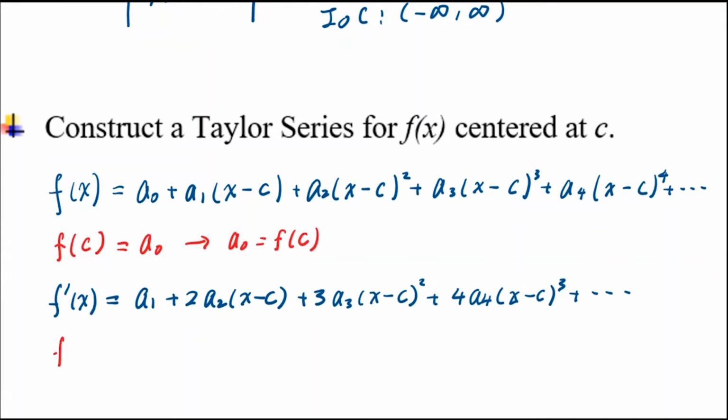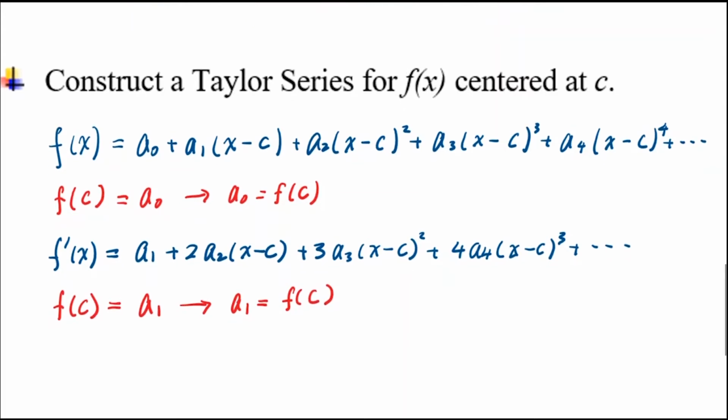So you plug in your value at the center, and the reason we plug in the value of the center is that it leaves you with this constant term and all of these things die once you put c at x. You get it? So that tells you A1 is equal to f of c over 1, if you will. Okay, and continue. Wait, shouldn't it be f prime? F prime. Ooh, nice catch. Nice catch. This is f prime. Okay. Very nice catch.